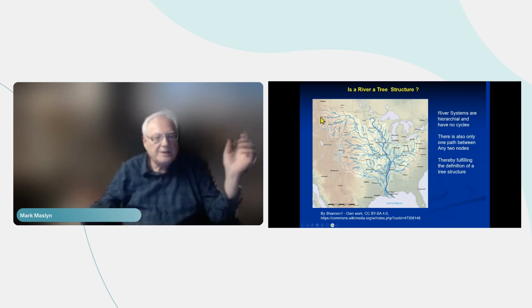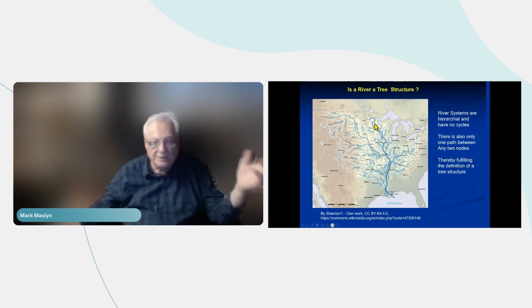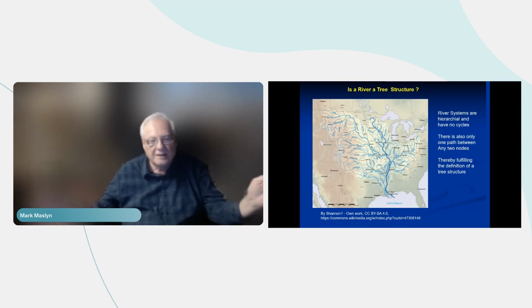Up here in Idaho and Montana, you have the smallest tributaries that are coming together to form a larger stream, and then the multiple streams come together to form the Missouri River, and that comes into the Mississippi. So yes, they're hierarchical. Yes, they have no cycles, and they also fit the definition that there's only one path between the different nodes.